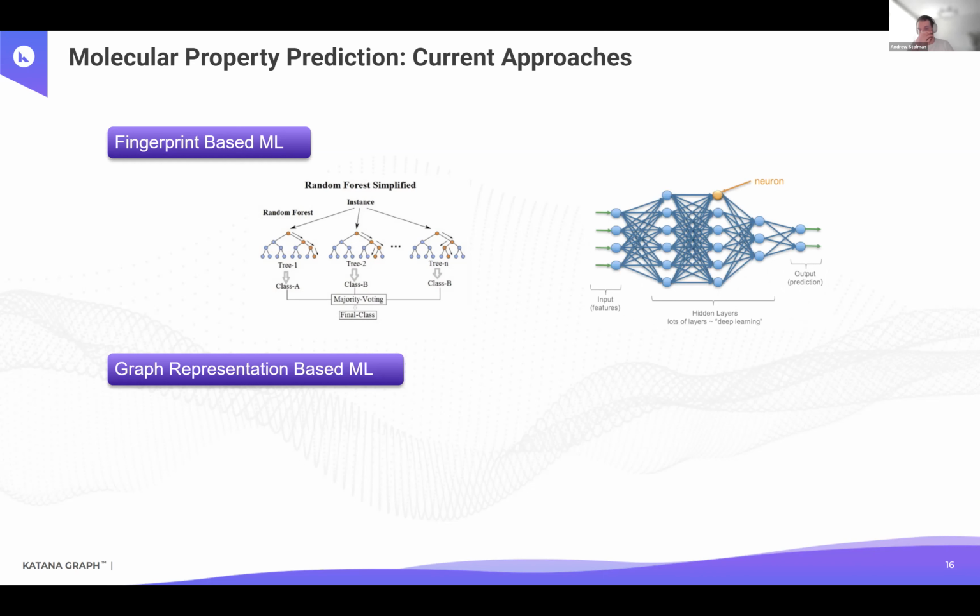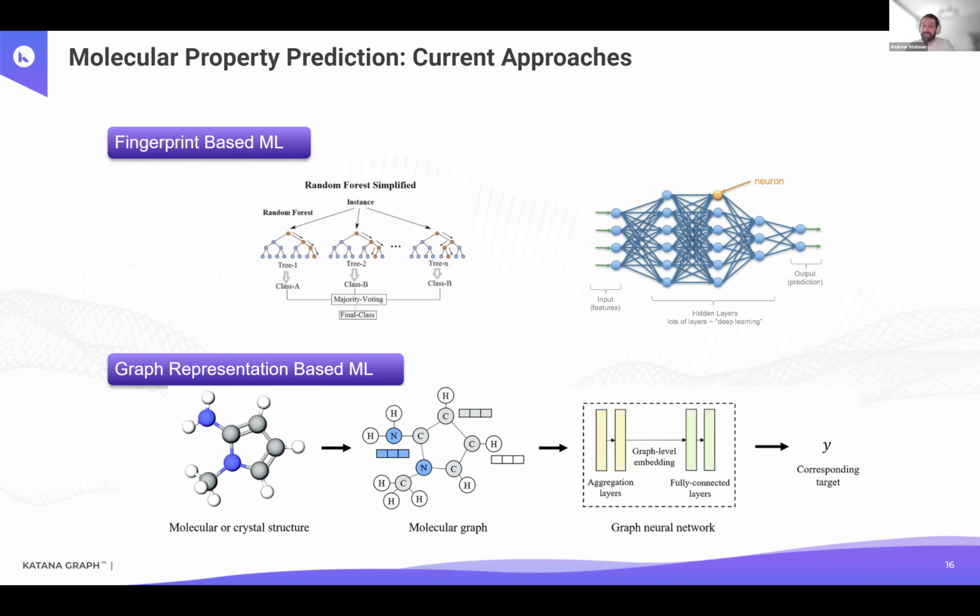More recently, there's been some look at how to incorporate graphs into these problems. The main graph approach that you see is to convert, so the data sets are generally a set of molecules, you convert the molecule into a graph, and then you feed that graph into a graph neural network, or GNN.